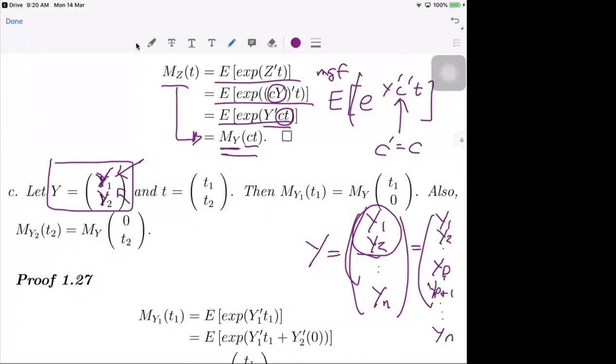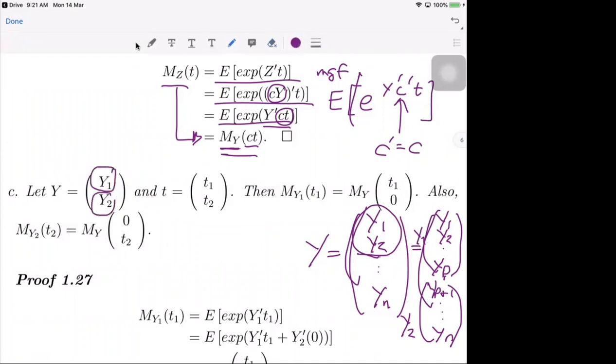So this is abuse of notation, and this one will be Y1 and this one Y2. Are you following? We are partitioning the vector into two. The Y1, Y2 here is an abuse of notation. It doesn't mean that you just take the first two elements of your vector, but you can partition it into two vectors.